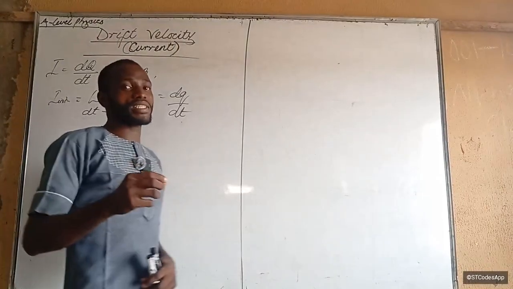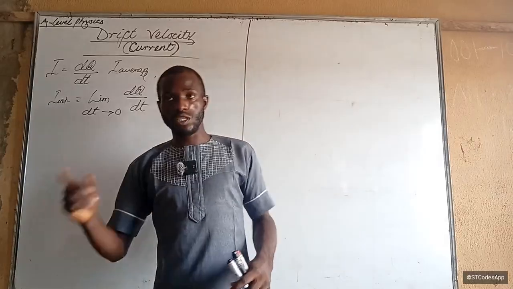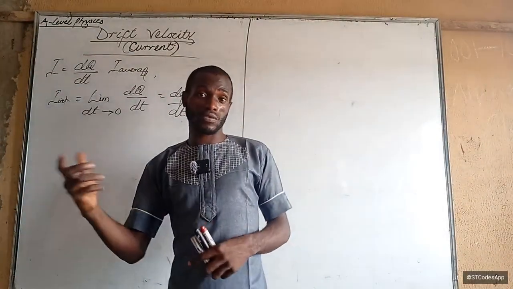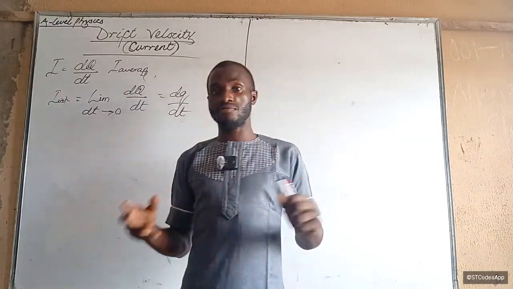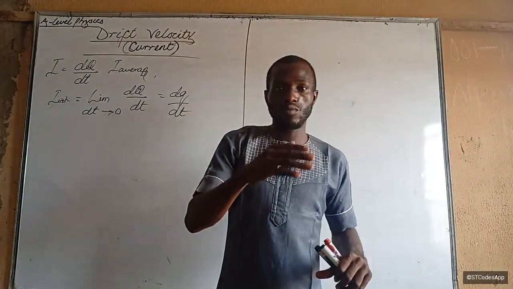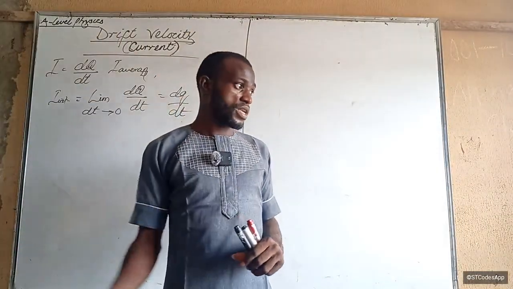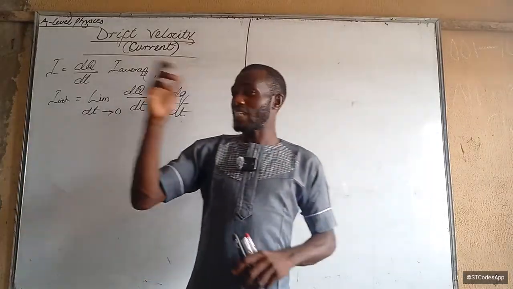Now, current is basically the movement of electrons. We soon knew that it was electrons that were moving rather than positive charges. That was why conventional current is defined as the current that flows from positive to negative. But we now know that it is electrons that actually move in the opposite direction.